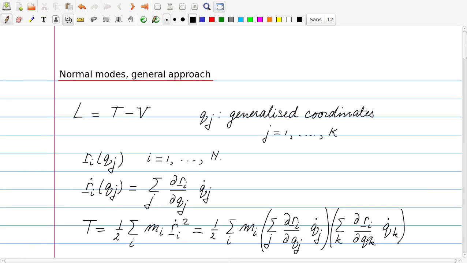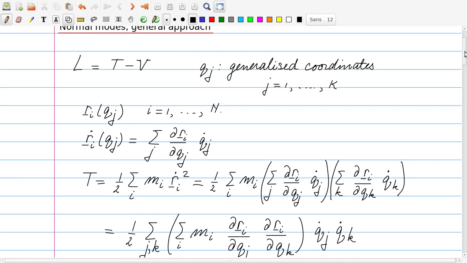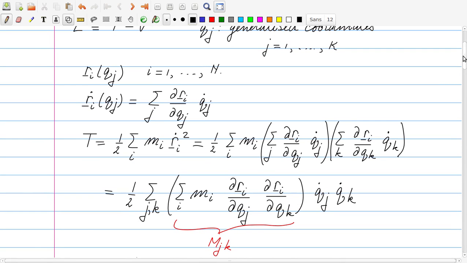I've taken care not to use the same summation variable, so I use here a j and there a k, but apart from that these are identical. And then I can streamline this expression by just reordering the sums.